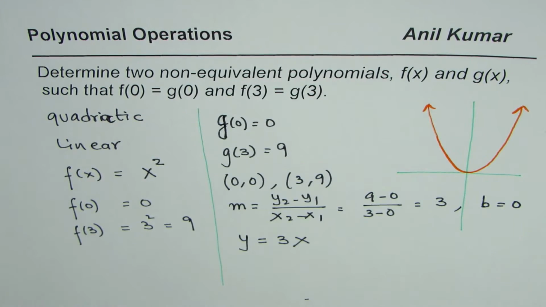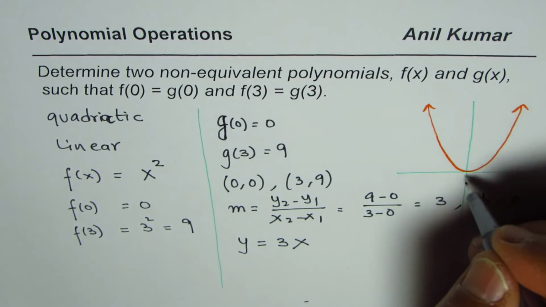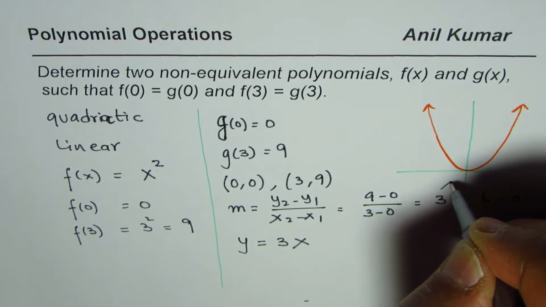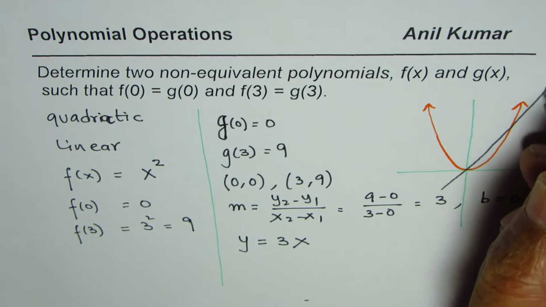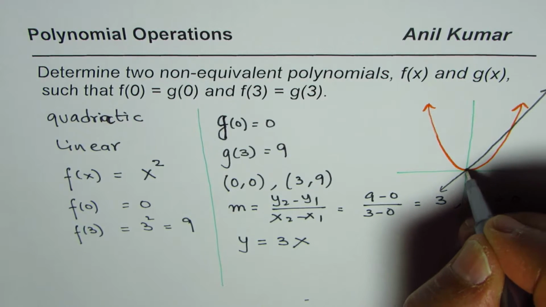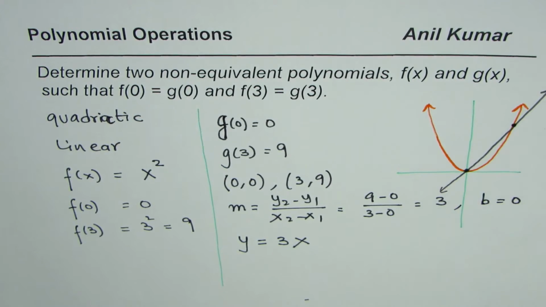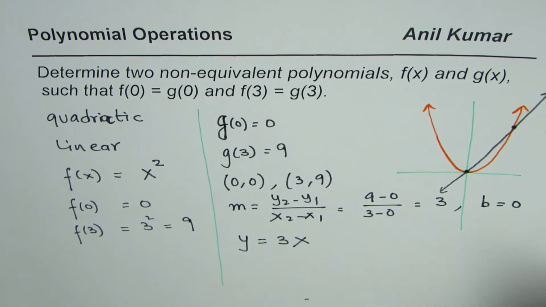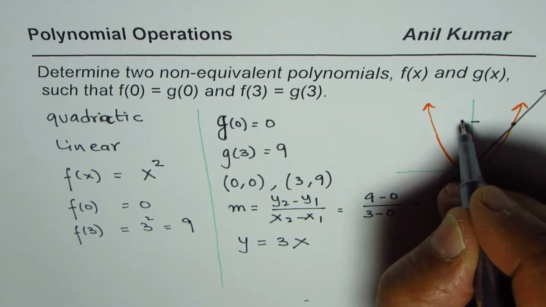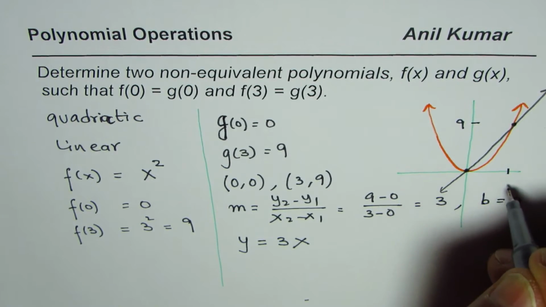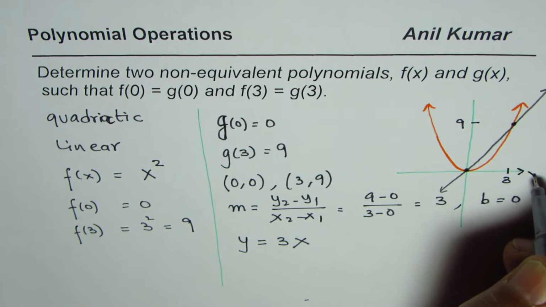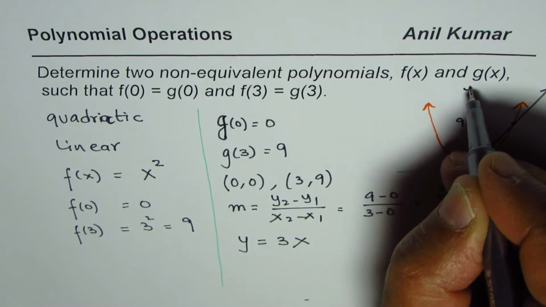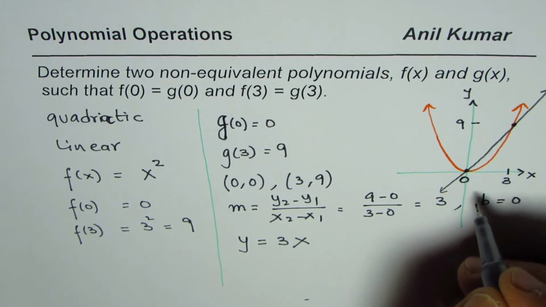So let me just sketch one line here going through the origin, kind of like this. Now the important thing here is that these 2 points are matching. This is 9 when x is 3, and that is passing through the origin.